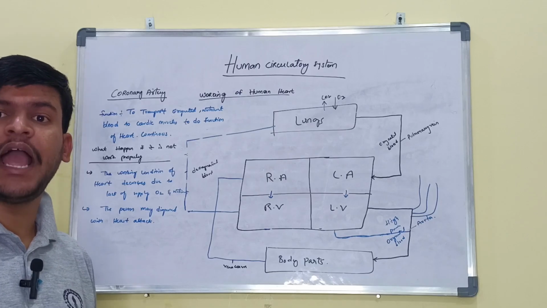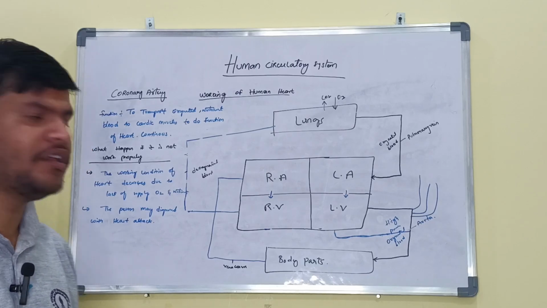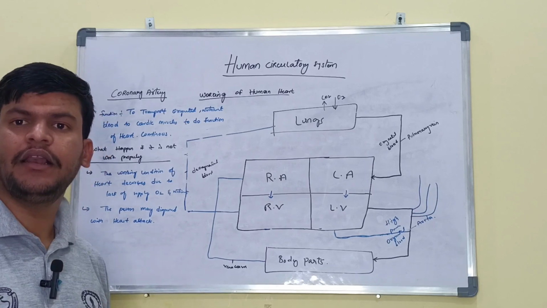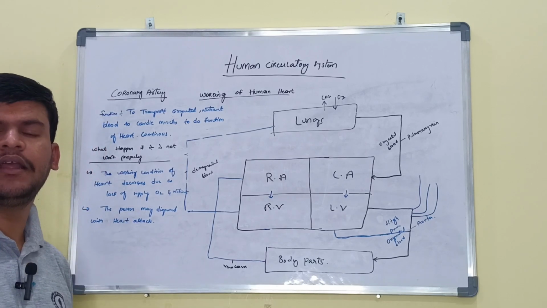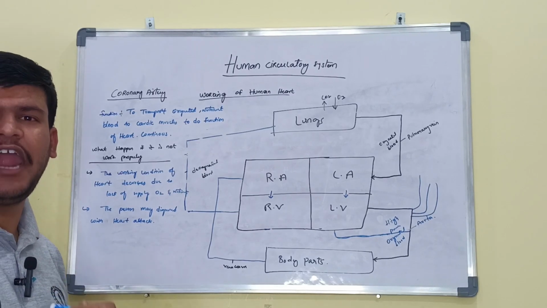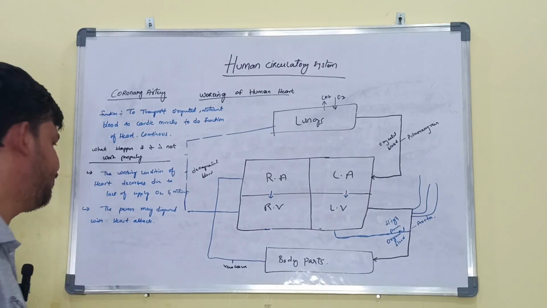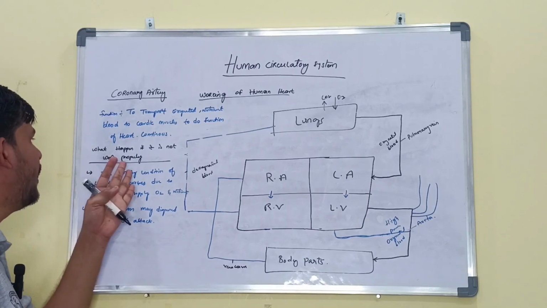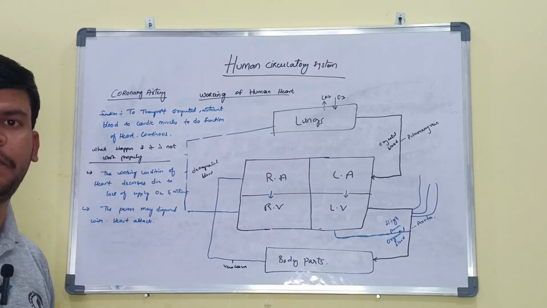Then the presence of lactic acid increases, and the pain will arise. That's why the person may get pain in the heart and it may result in a heart attack. This is what happens if the coronary artery doesn't work properly.